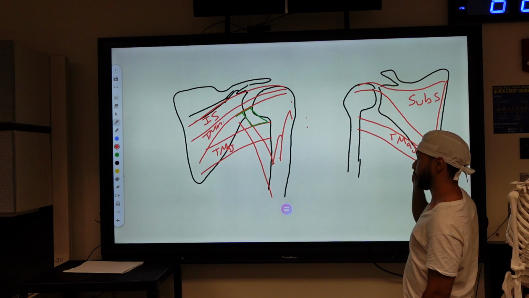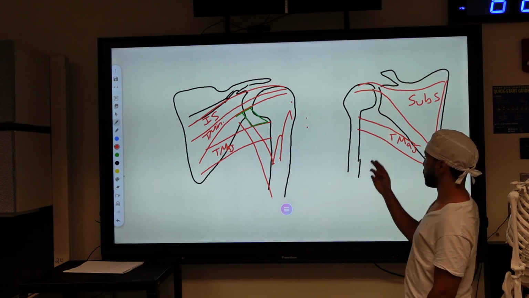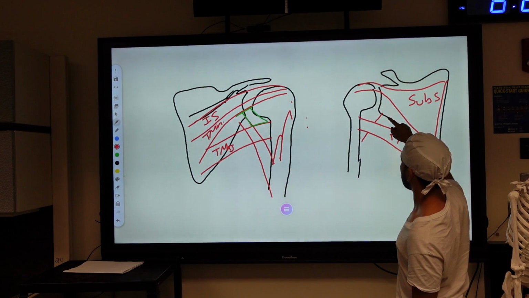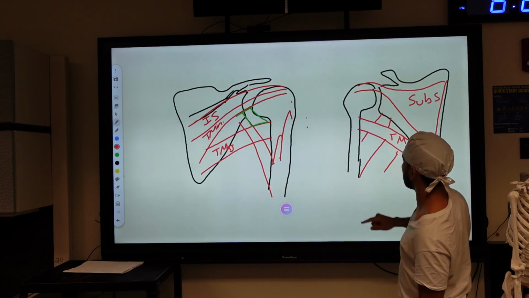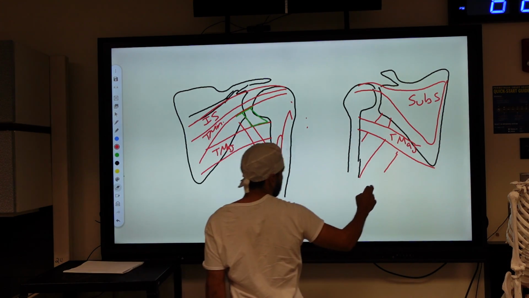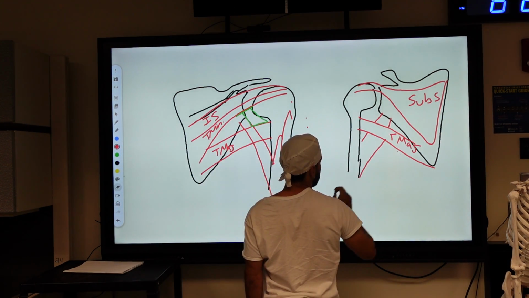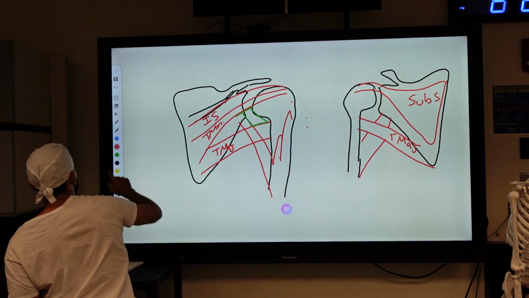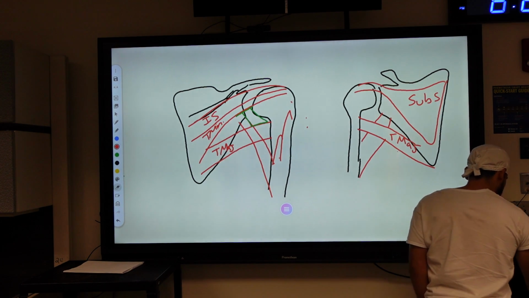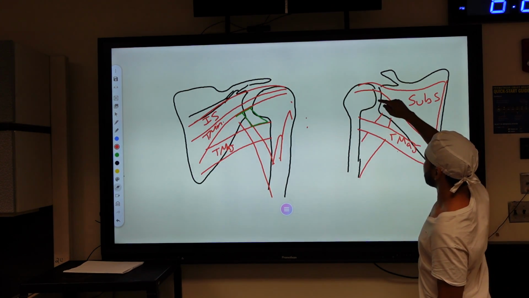Also, going behind or posterior to this teres major, we'll see that long head of the tricep attaching to that infraglenoid tubercle of the scapula. We'll also see that. And so again, from the anterior side, we can now appreciate the boundary.